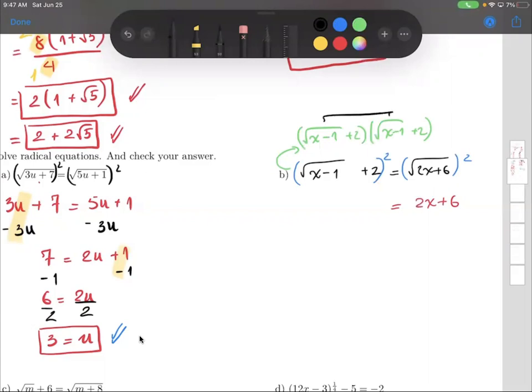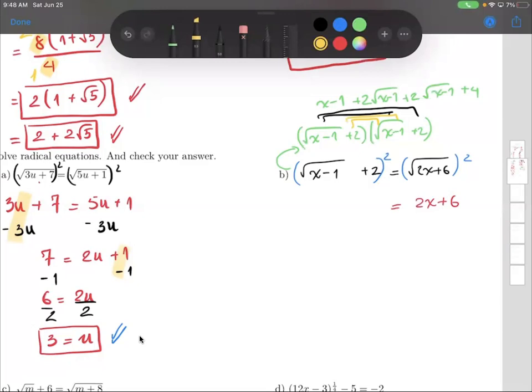So I have x minus 1, because the square of the square root of x minus 1 is x minus 1. Plus 2 times square root of x minus 1, inner, plus 2 times square root of x minus 1 again, and then last, plus 4.